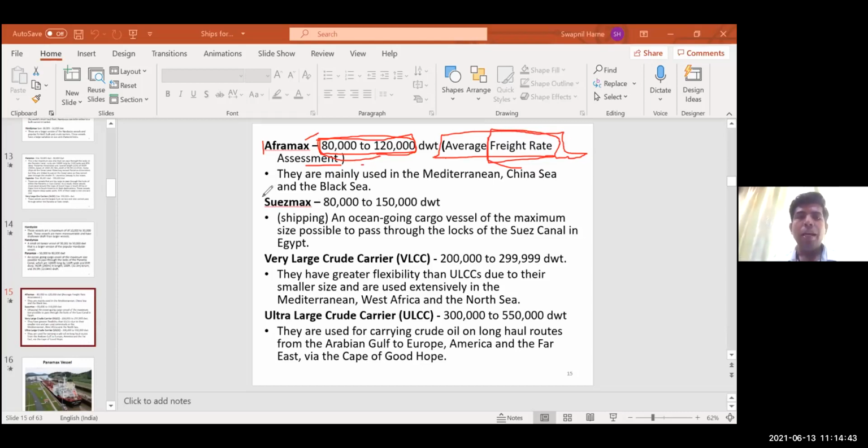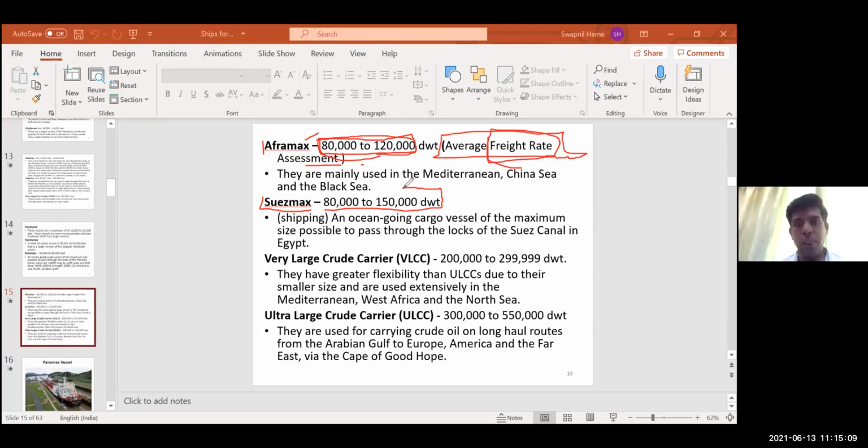Next is Suezmax tankers. We saw what is Panamax. Now, what is Suezmax? A ship which can pass through the Suez Canal. Typical size earlier was a ship which has a deadweight of 80,000 to 1,50,000. They could cross the Suez Canal.